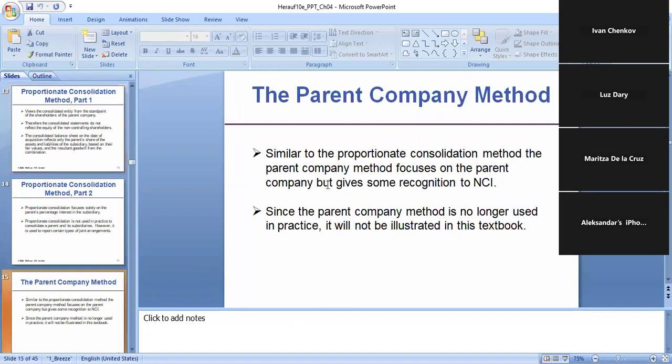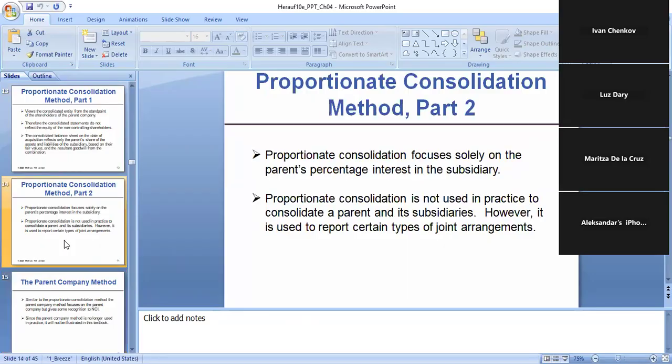The parent company method, similar to the proportional method, focuses on the parent company but gives some recognition of the non-controlling interest. However, this method is not used in practice.